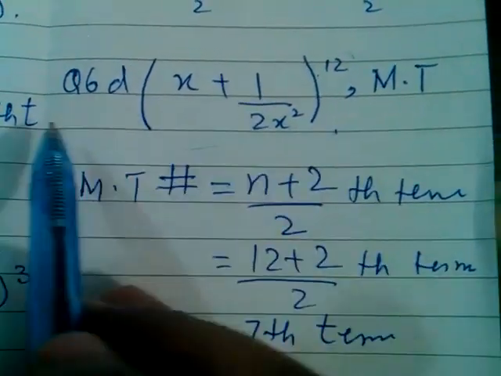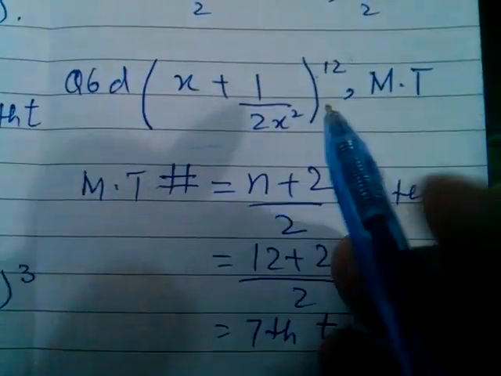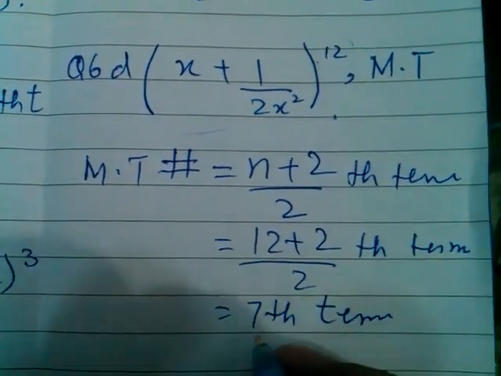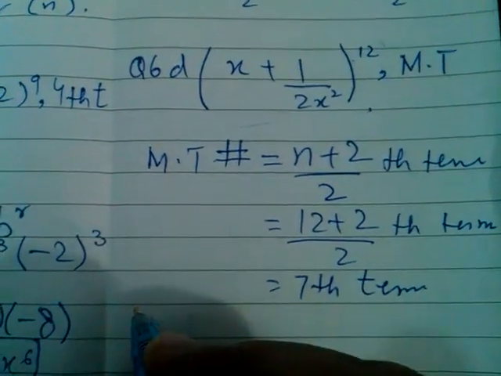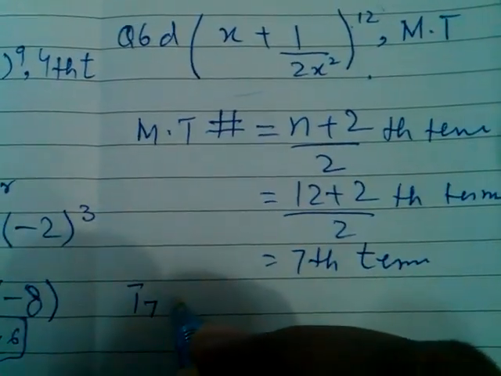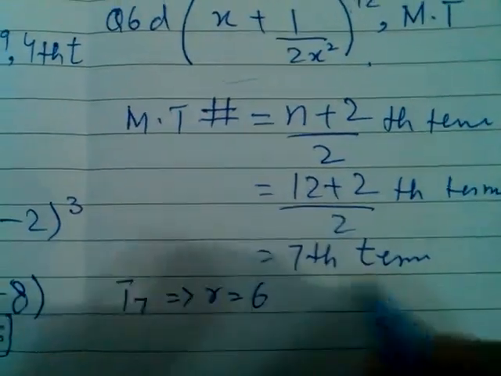If anyone wants to check, you can expand the whole thing and see which term comes in the middle. The middle term will come as the 7th one. So now I have my term number 7. T7 means r will be 6.